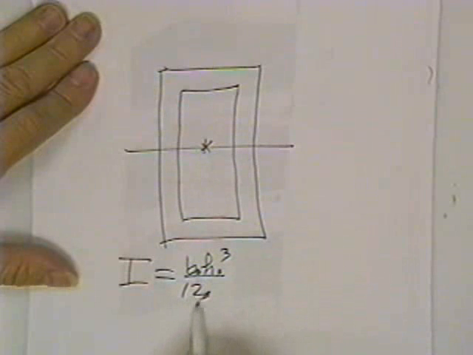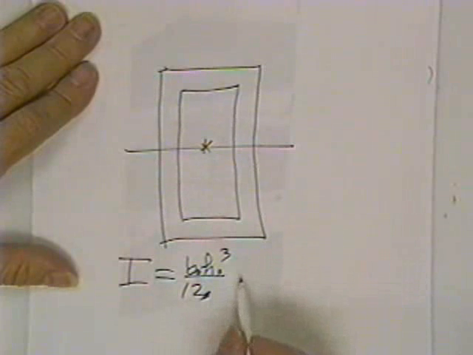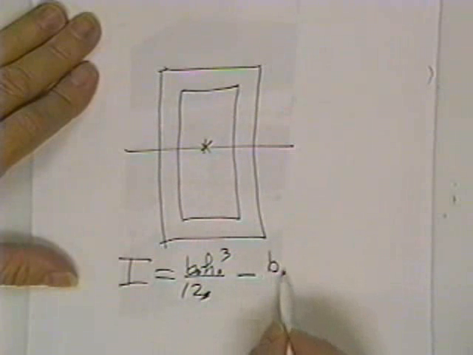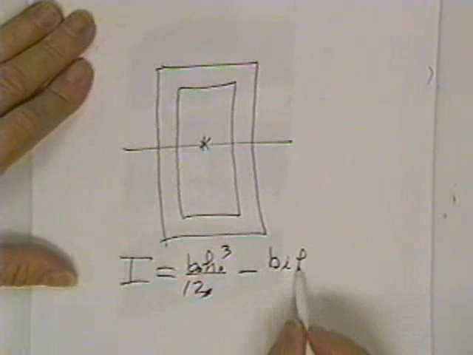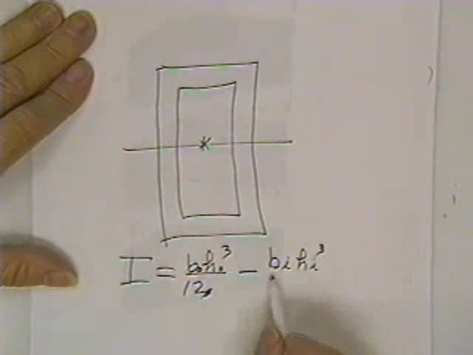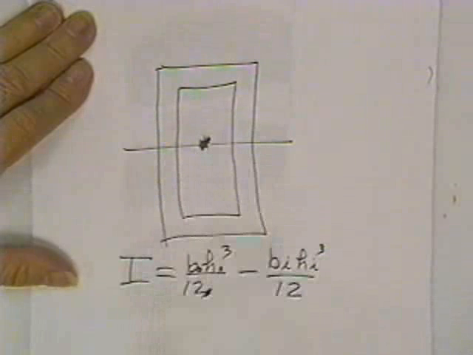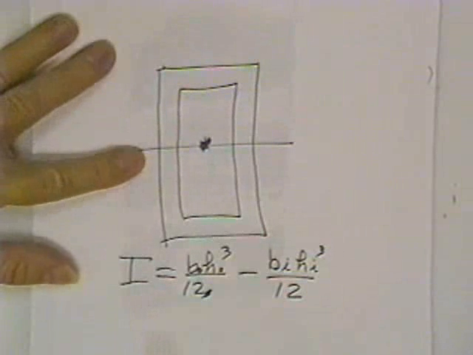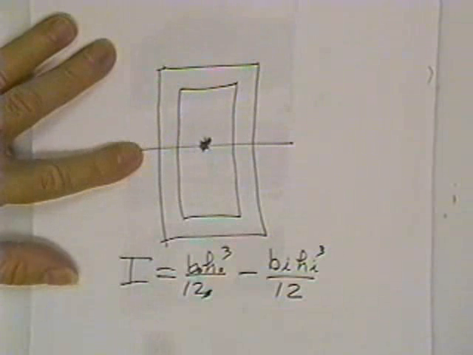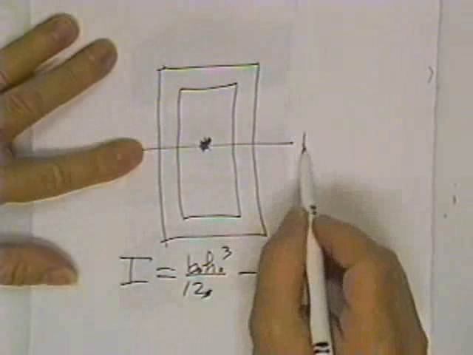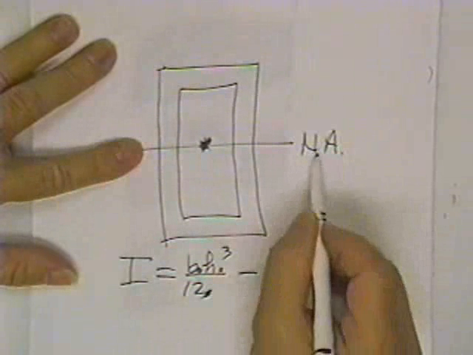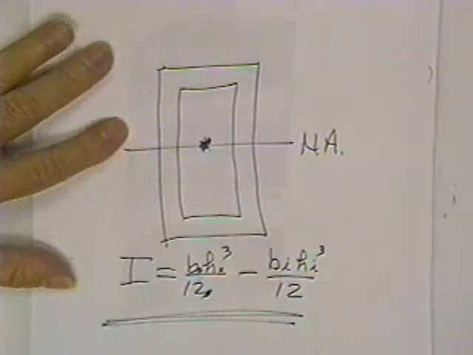This doesn't have an O on it, it's just 12. Minus B inner, height inner, cubed over 12, because it's a missing piece. Its centroid is also right on the top. Neither of them have any transfer moment of inertia, because they live right on top of the neutral axis, and therefore this is the answer.